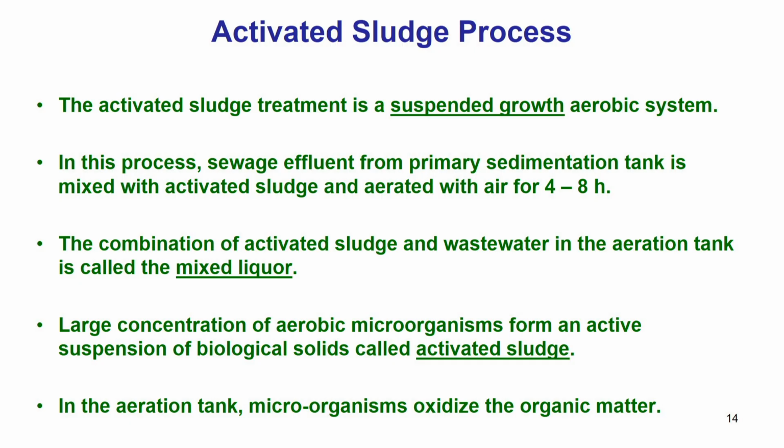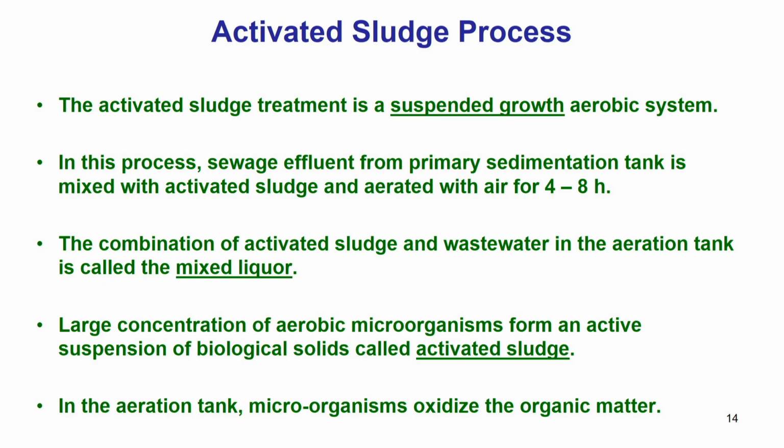So the combination of activated sludge and wastewater in the aeration tank is called mixed liquor, and the suspended solids are present. So the solids present in the activated sludge as well as in the wastewater, that we can calculate, and this is called mixed liquor suspended solids. A large concentration of aerobic microbes forms an active suspension of biological solids, that's why it is called activated sludge.